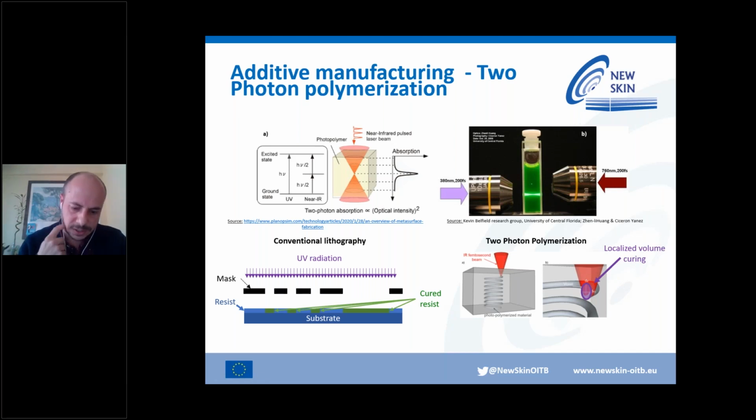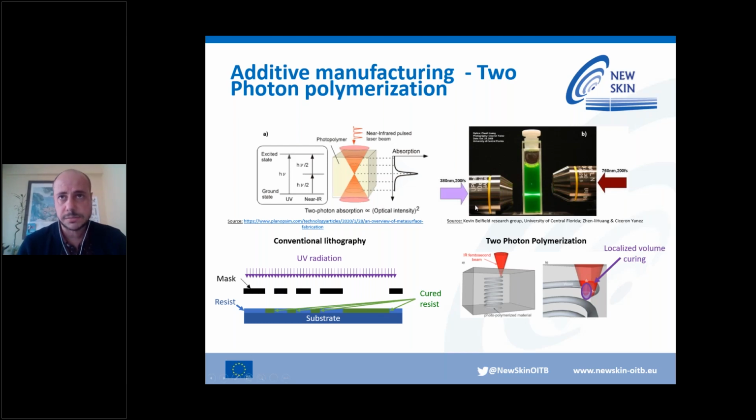So if you take advantage of this effect in order to produce the polymerization or the curation effect of the resin, we can change the state of this polymer and make it softer or harden it.